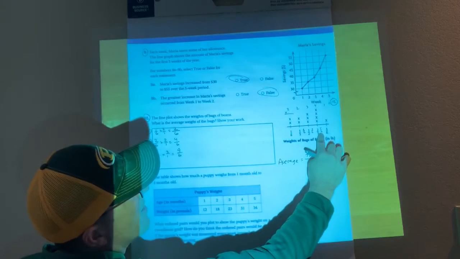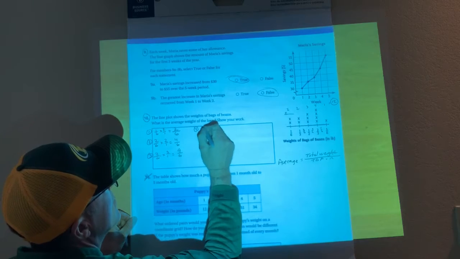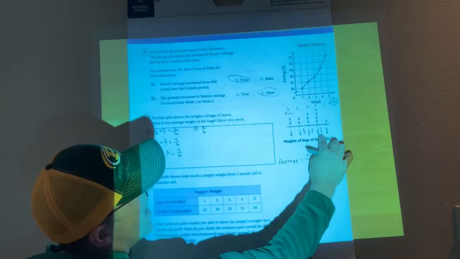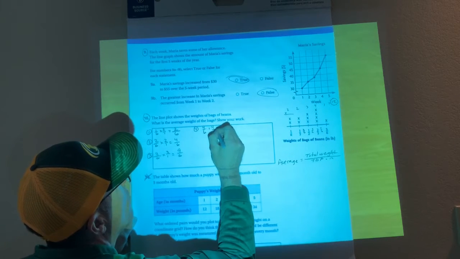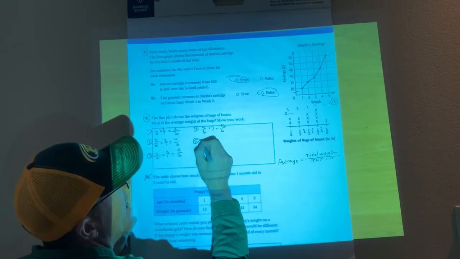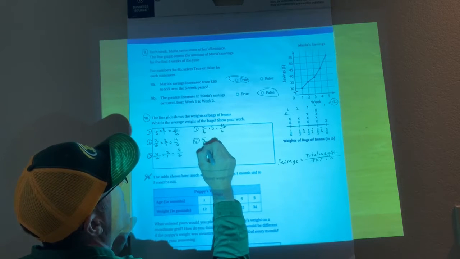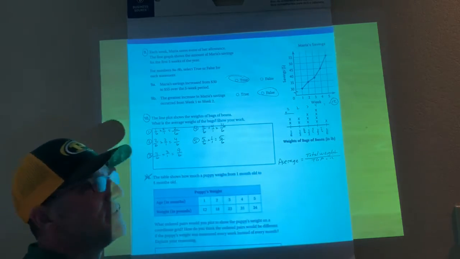Then I'm going to go down here. I've got 4/6. And how many 4/6 do I have, or 2/3? 1, 2, 3, 4. I got a whole bunch. Times 4/1 equals 16/6. And then finally, I have 1 5/6. So I would take 5/6 times 1/1 is 5/6.